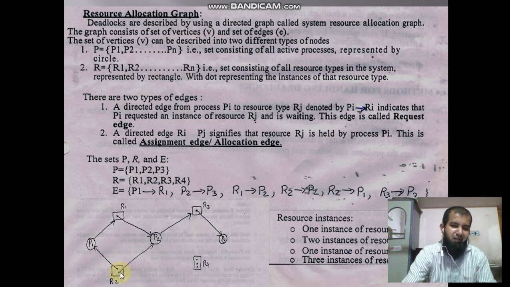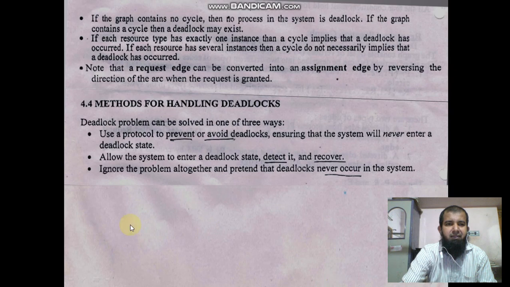If there is only one instance, only one process can hold the resource. If there are three instances, three processes can hold three resources. Clear, no?